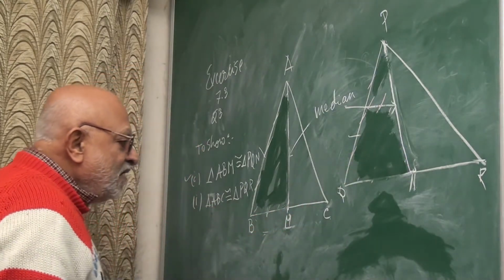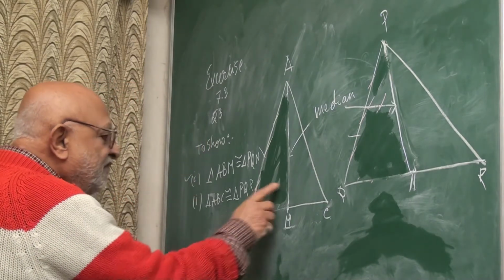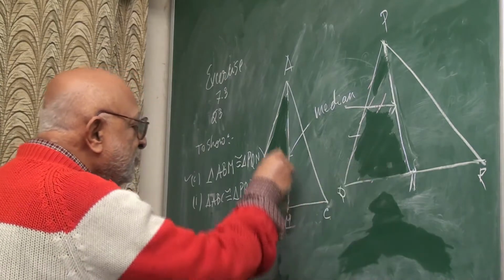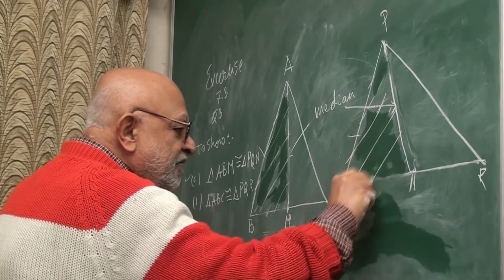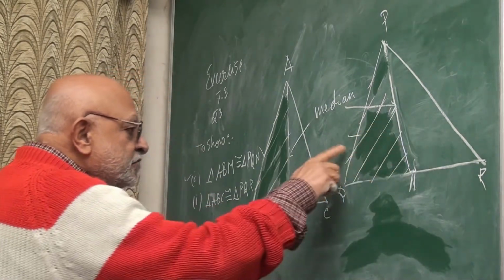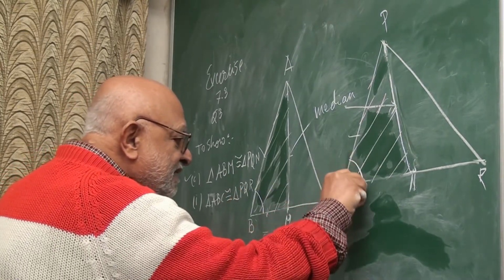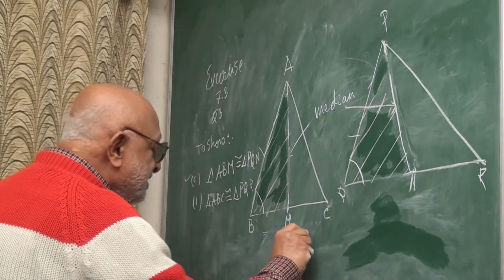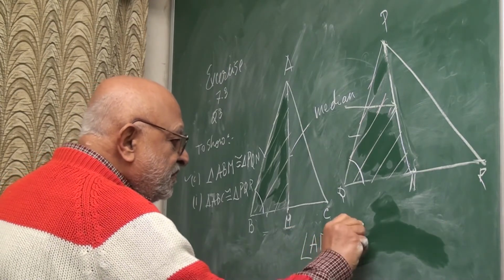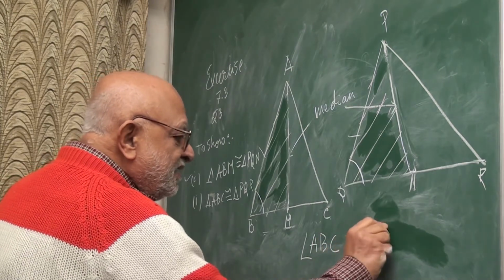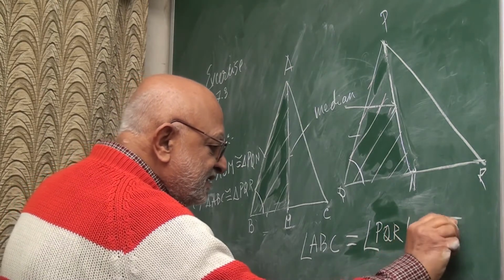Since I had proven this triangle half and this triangle half are congruent, I had proven these two triangles congruent. I am doing it again because I had missed something. So I will now take this angle and this angle, they are equal. So angle ABC is equal to angle PQR, and that is by CPCT.